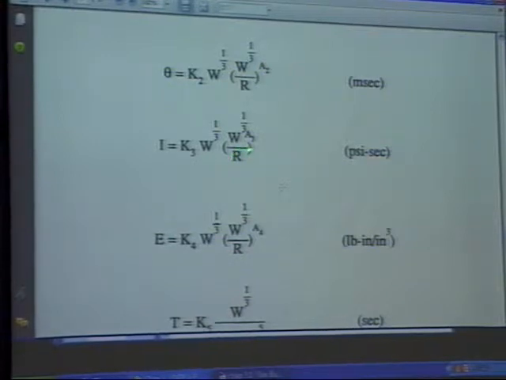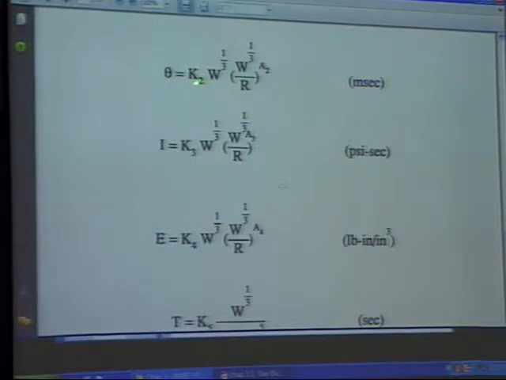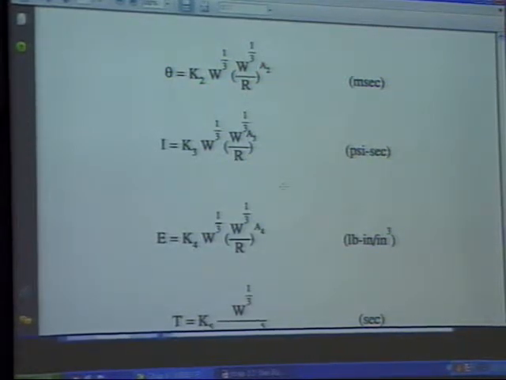But in the correct sense, whatever is associated with the different charge type, in this empirical equation, W should be the charge weight as per the charge type. If the charge type is HBX1, you're going to use the corresponding K value and A value. You follow me? Then that's what you have to use.